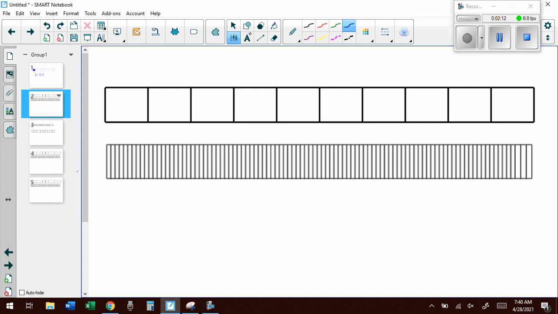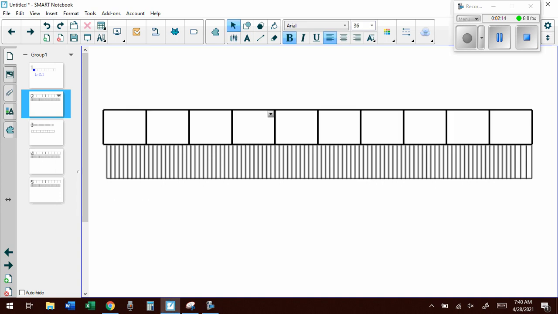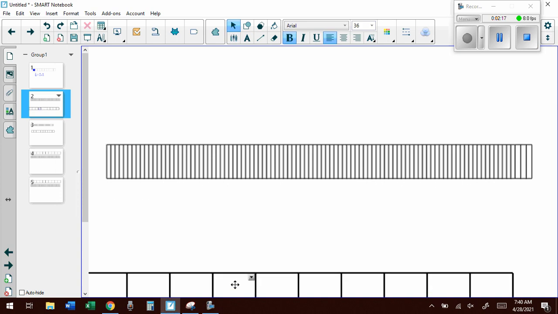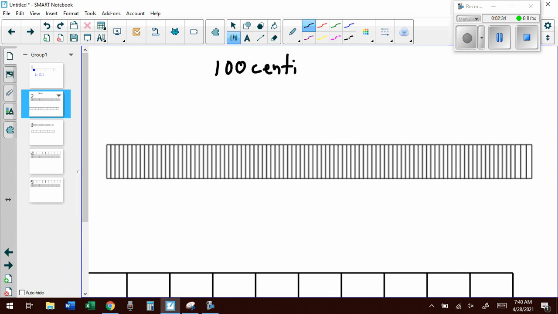Using something like this, we're not going to use this one quite yet. Right here, this is what we're going to call our meter stick. And it takes 100 centimeters to equal 1 meter.